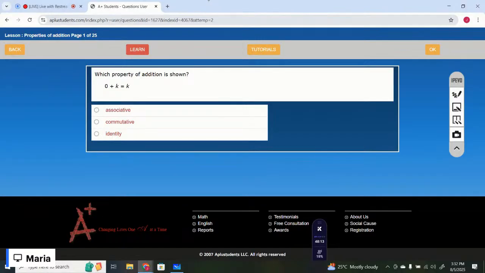Which property of addition is shown? 0 plus k equals k. That is identity. Option number 3 is the correct option.